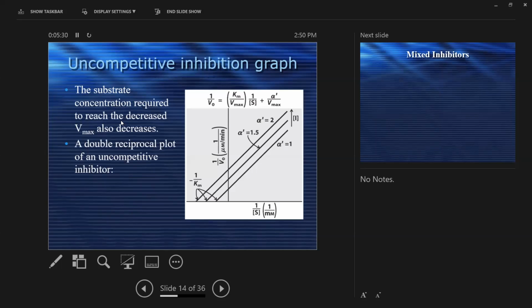Keeping the substrate the same, and then gradually increasing inhibitor concentration. Notice the Vmax with each one goes down, and Km also goes down.